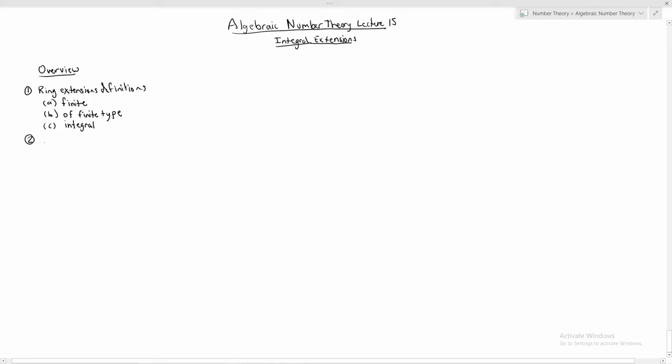The second section is, there will be certain implications between these. So I want to explore that, between A, B, and C. So for example, a finite extension of rings is always an extension of finite type.